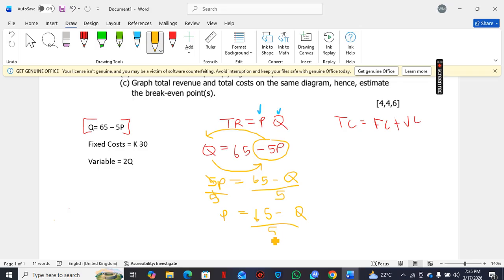Okay, colleagues? Any questions before I move further? That's the first step: get your P from the demand function. Any questions?